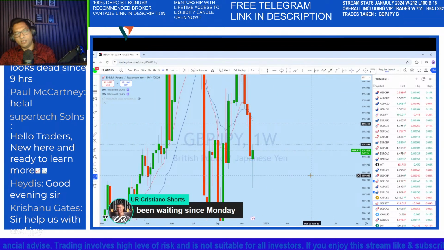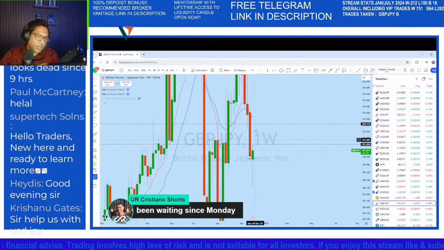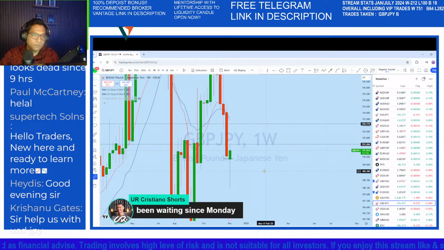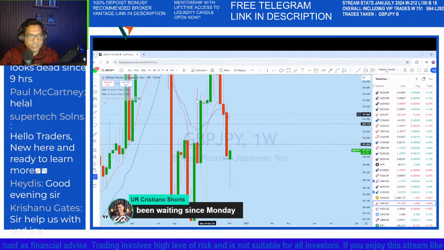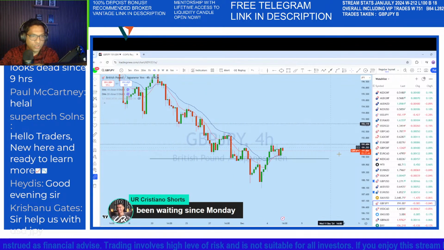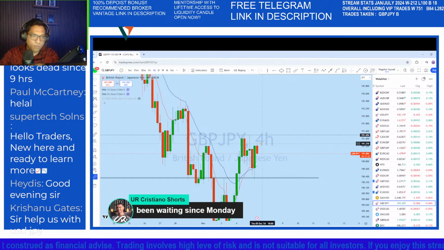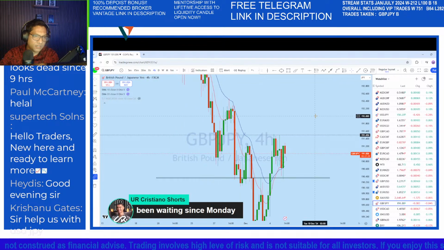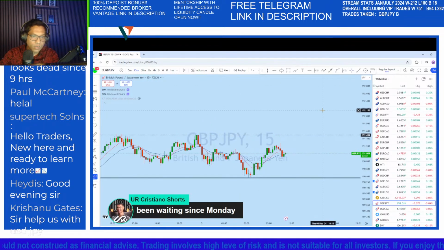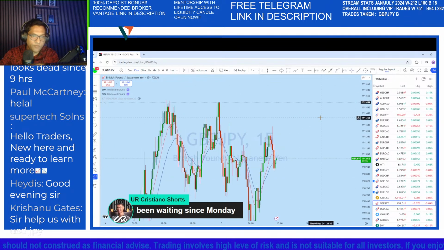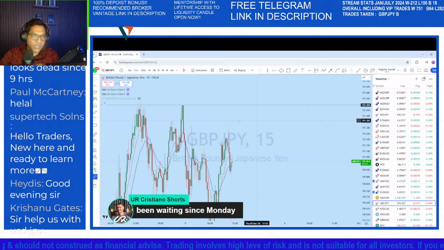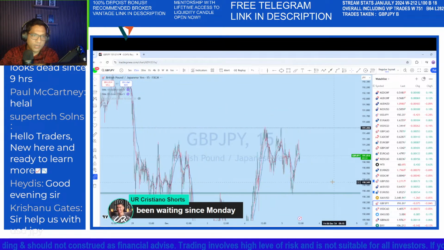On the weekly GBPJPY we see the bounce, but this is a resistance line which I think GJ might not be able to break further. So on the lower time frame, the price might range in that zone here as well.